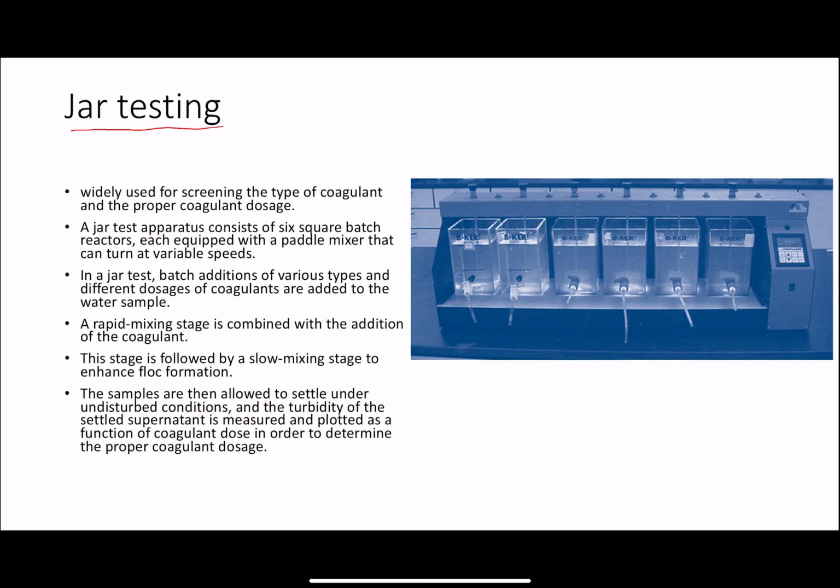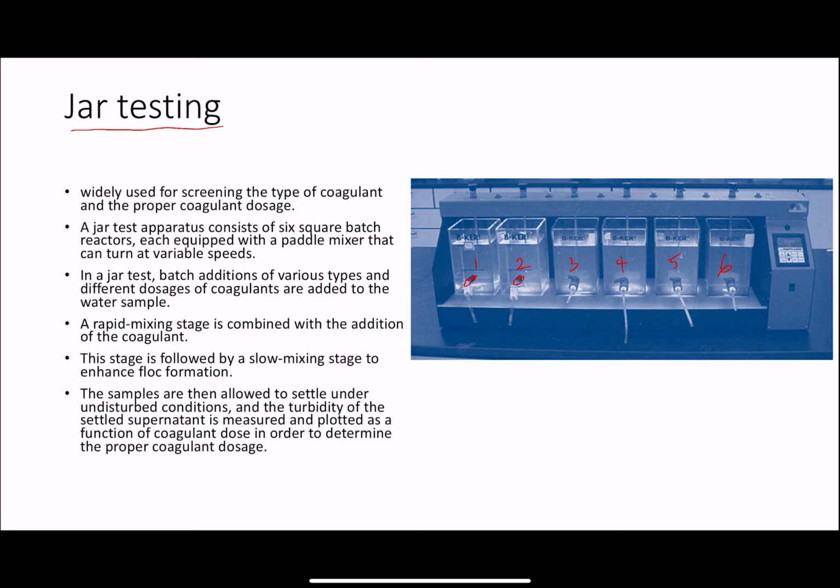The jar test consists of 6 batch reactors, 1, 2, 3, 4, 5, and 6. These are equipped with a paddle mixer that can turn at variable speed. You can see the variable mixer here, used to mix the water at variable speed.